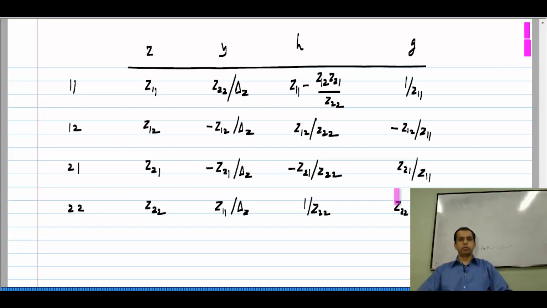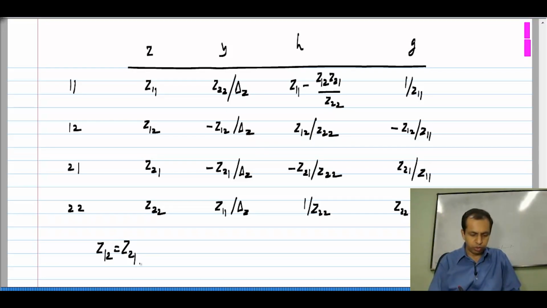So, reciprocity refers to some special relationship between a forward parameter and reverse parameter of a two-port network. And that holds good, that is reciprocity holds good regardless of which parameter set you choose to represent the two-port in.